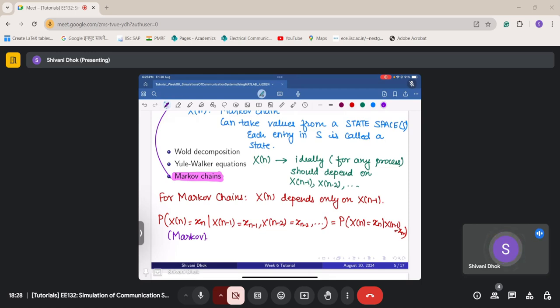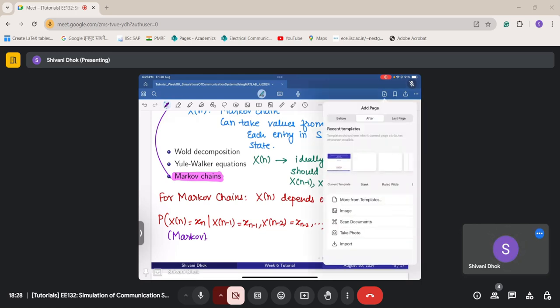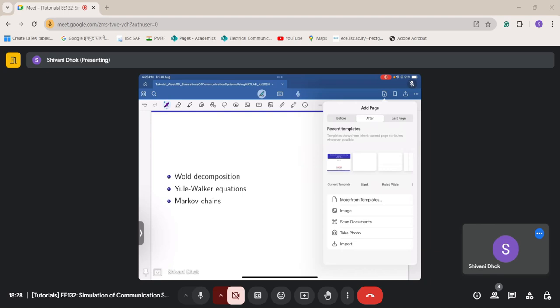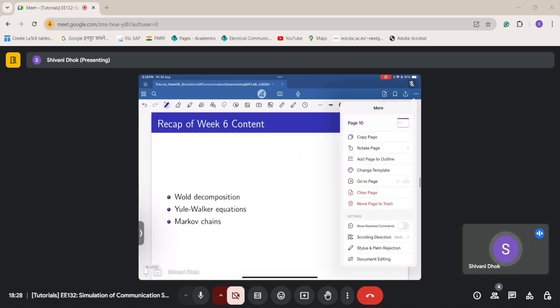Okay, now these Markov chains can be represented. Let me delete this, I want a blank page.